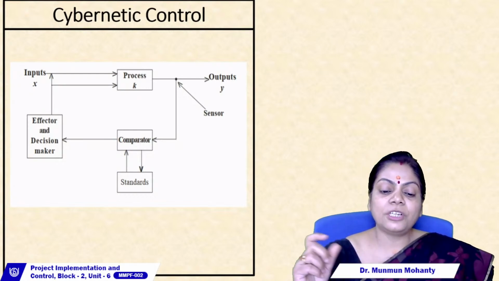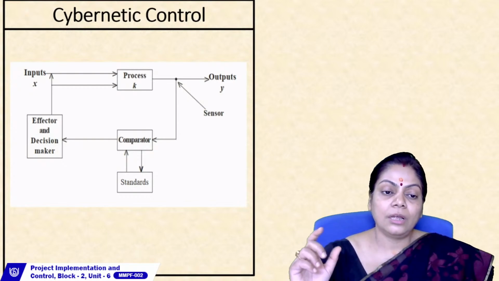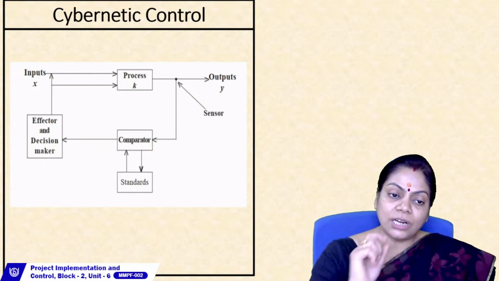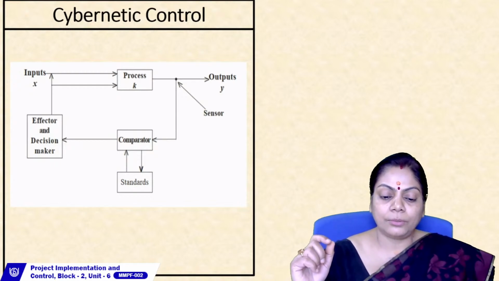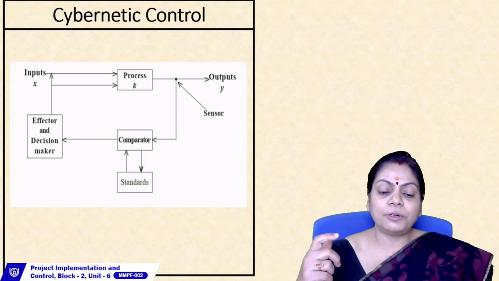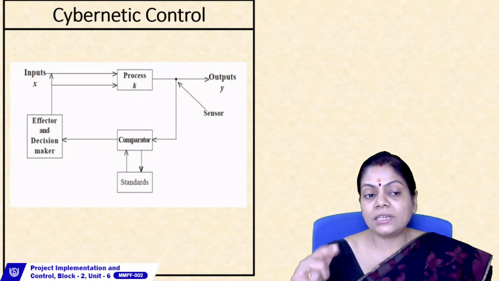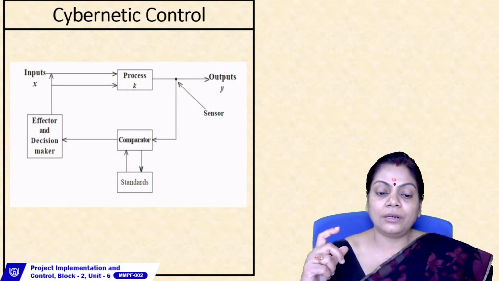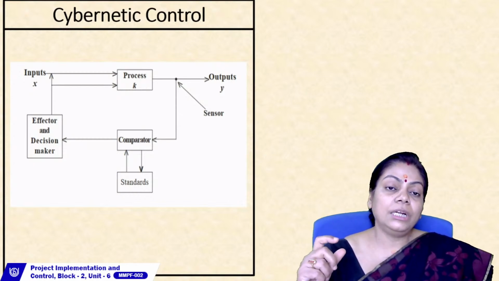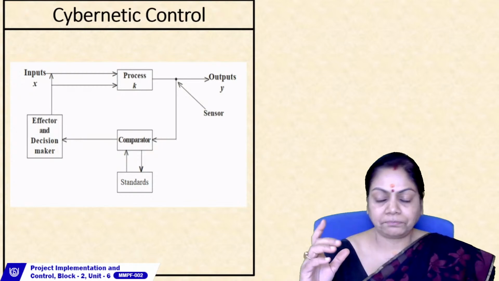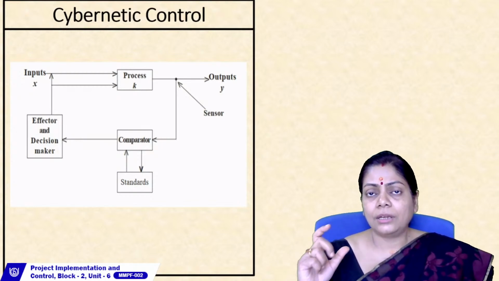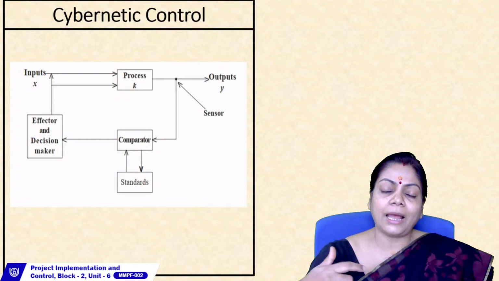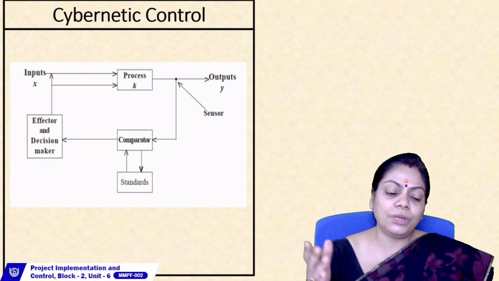The comparator compares the difference between the actual output and the standard output. This difference is then sent to the decision maker. The decision maker will then determine whether the difference is large enough to be actionable, or whether it is to be ignored.